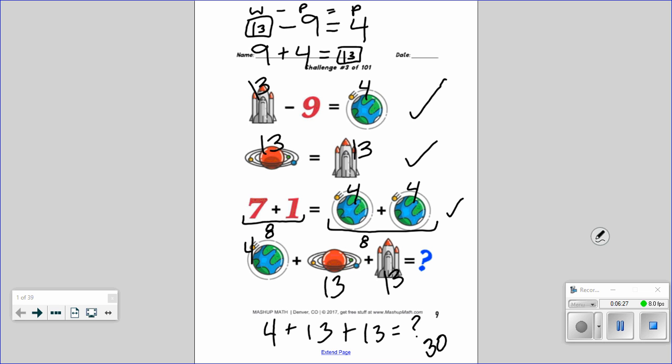So on your math choice board this week, you're going to have different pictures, but somewhere you need to tell me what those pictures are worth. So if I was doing that for this problem, I would say Earth is equal to 4. Planet is equal to 13. And rocket is equal to 13.